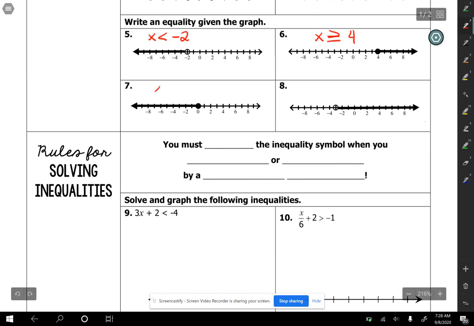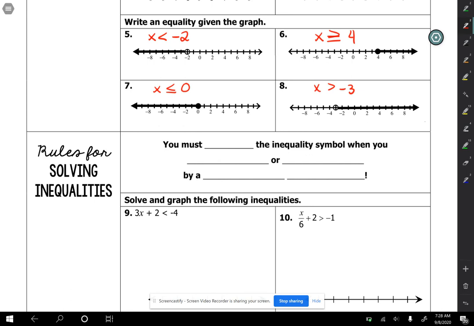Number 7, x is less than or equal to 0. My circle is on 0, it's closed, and it's pointing to the left. Number 8, x is greater than -3. It's an open circle at -3 pointing to the right.